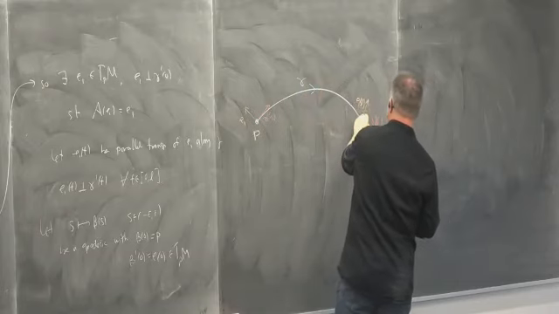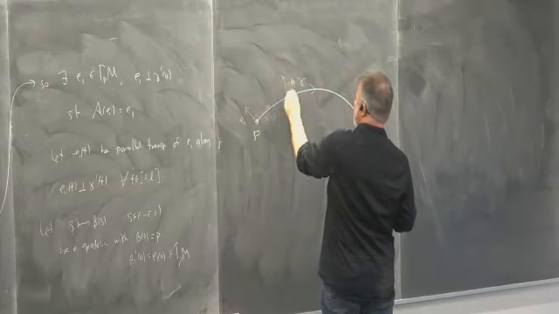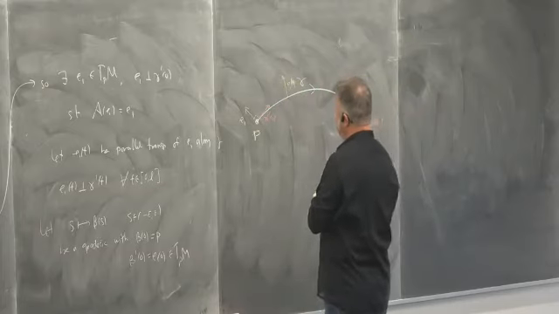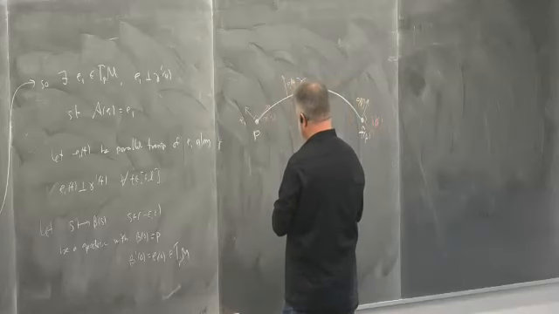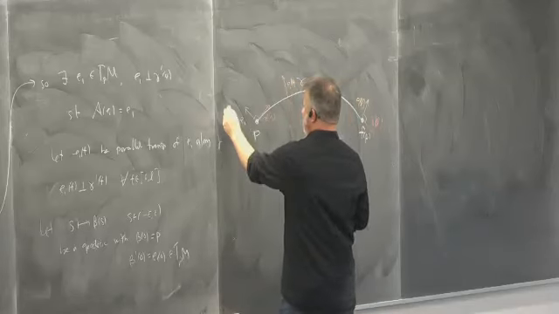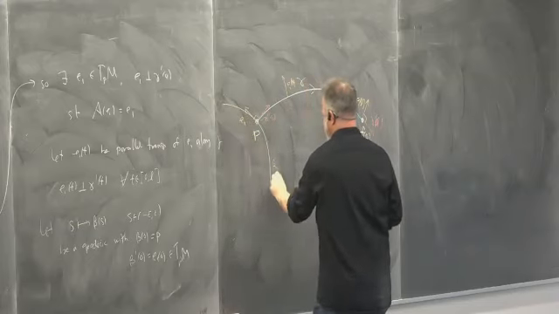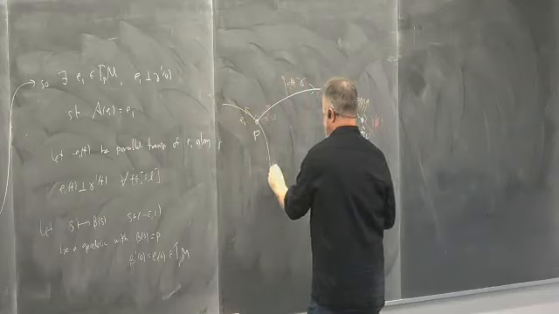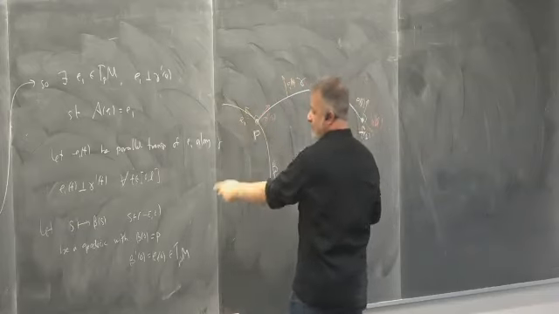It's orthogonal. E1 of T is orthogonal to gamma prime of T for all T. And then beta, running out of colors, green. Anyway, this is beta. Beta is a geodesic passing through P, but with initial velocity E1.